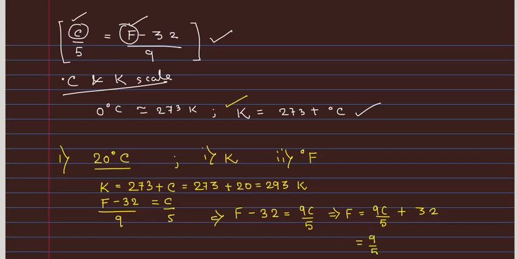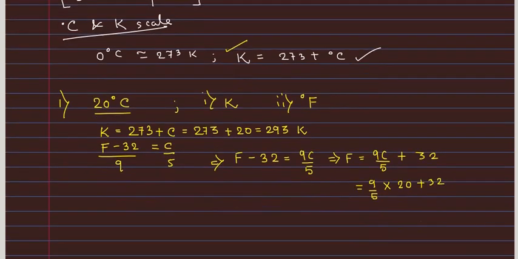So for C, we put the value 20 and then do the further calculation. Here we get cancellation by 4, so we have 36 plus 32, which comes out to be 68 degrees Fahrenheit.